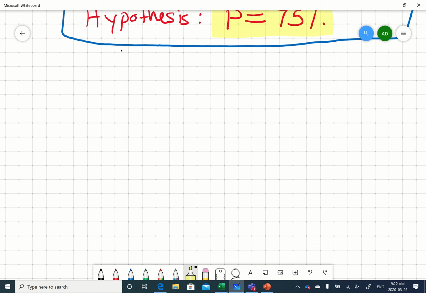We do have 5 steps of conducting a hypothesis test regardless of the parameter of interest. So for population mean or population proportion, you would have to go through these 5 steps. So, 5-step process.